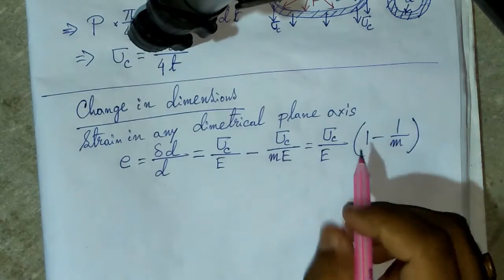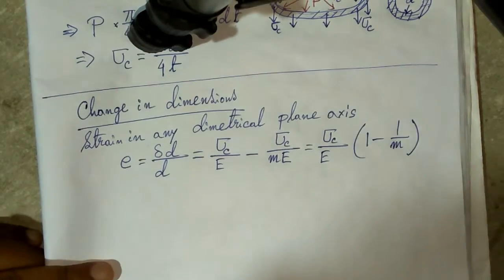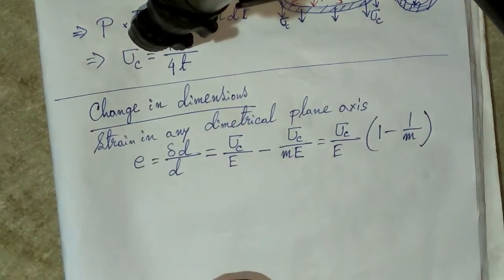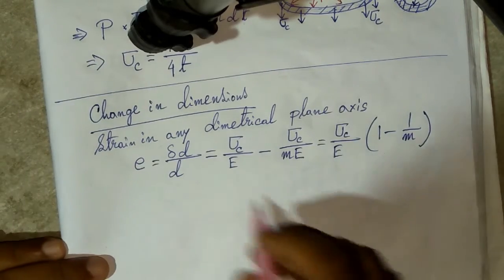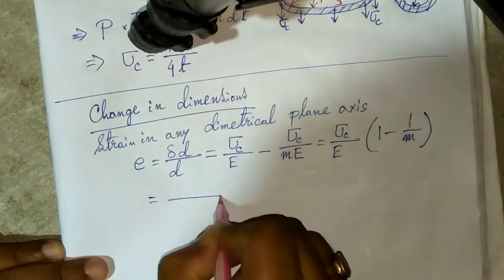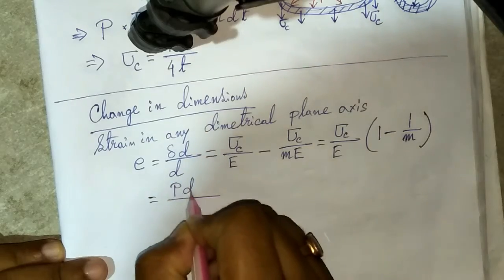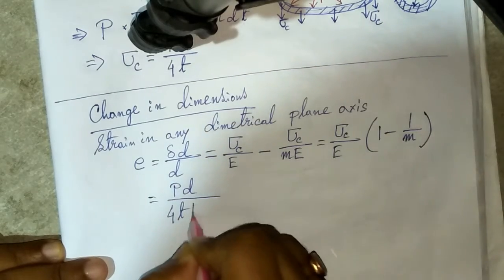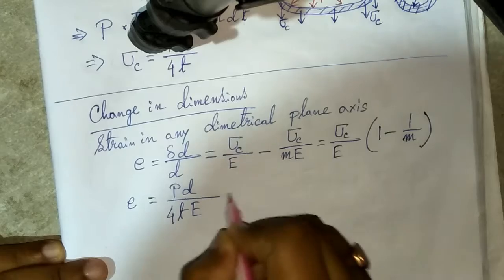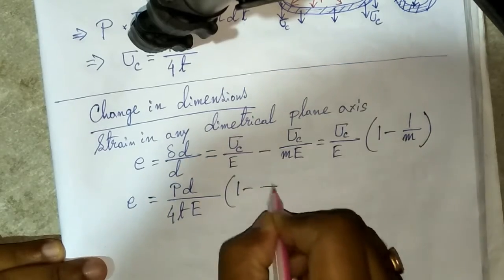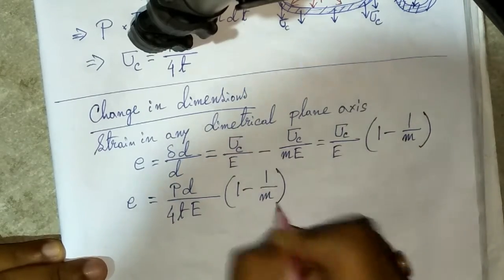By substituting the value of sigma c, we get pd by 4tE into (1 minus 1 by m).